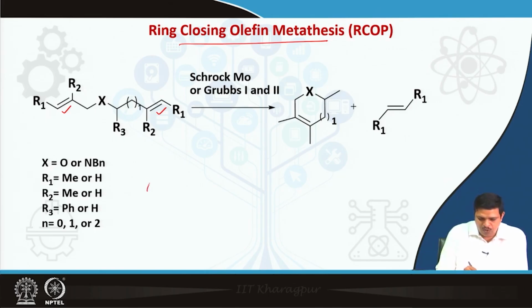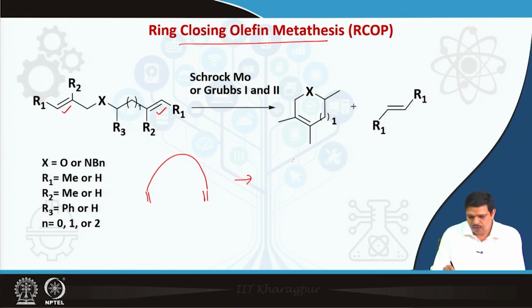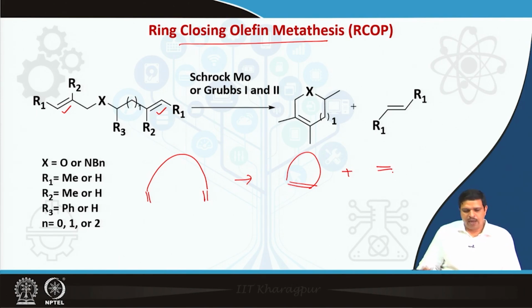That means, suppose I have an alkene here, and what we are doing is closing the ring and forming another alkene, CH2CH2, and the N. So this is called the ring closing metathesis reaction.